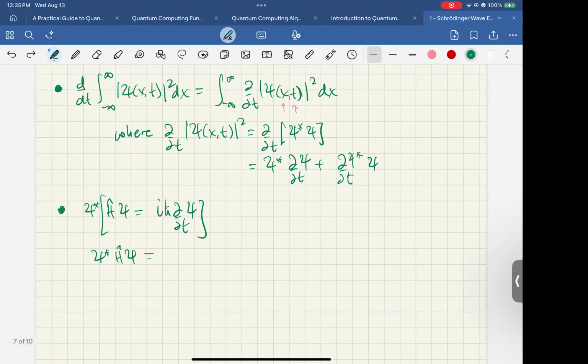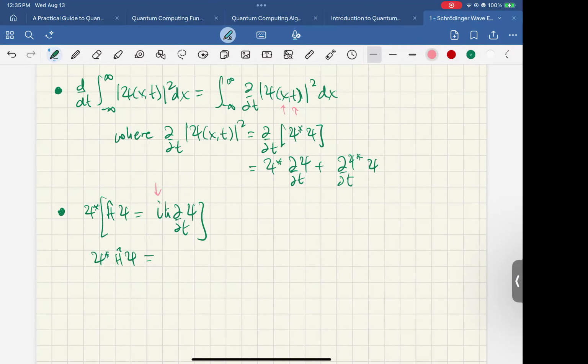Pinapalitan niya yung sign, right? So magiging negative i, and then h bar, of course, constant yan, then partial with respect to t ng psi star. Oops, sorry. Mali. Psi star, and then partial with respect to t ng psi.